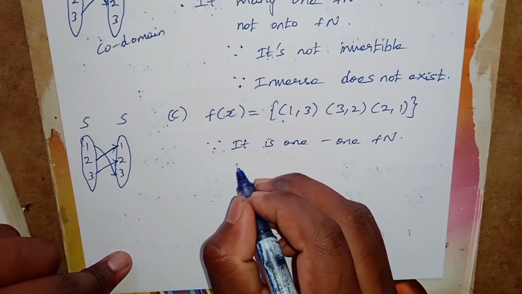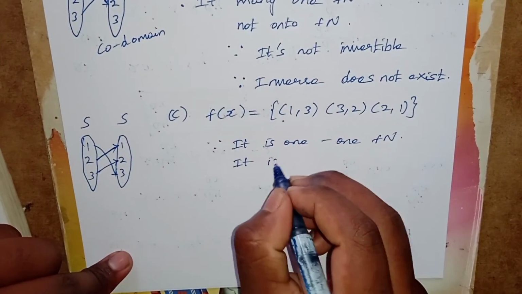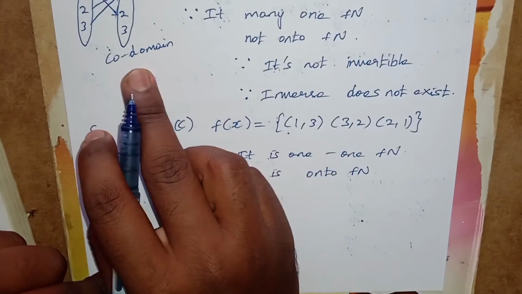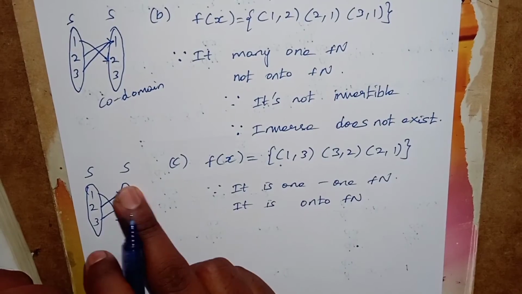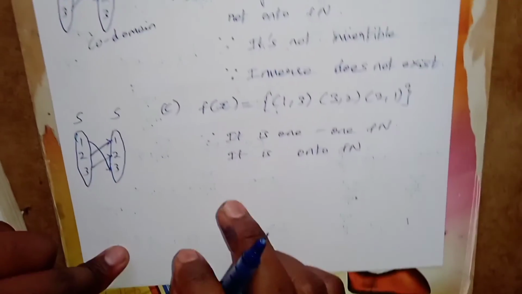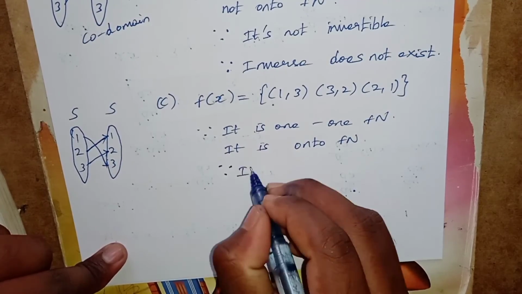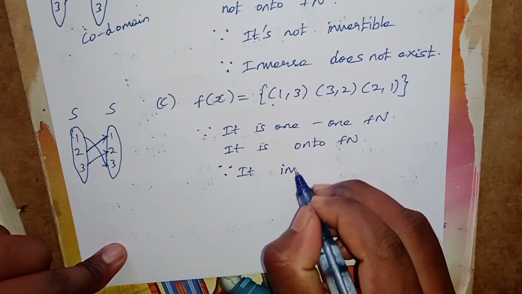Next, it is an onto function, because for checking onto we have to see the codomain. Every term in the codomain has been filled, therefore it is an onto function. Finally you have to write it is invertible.